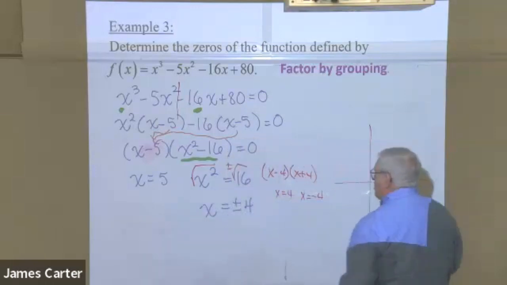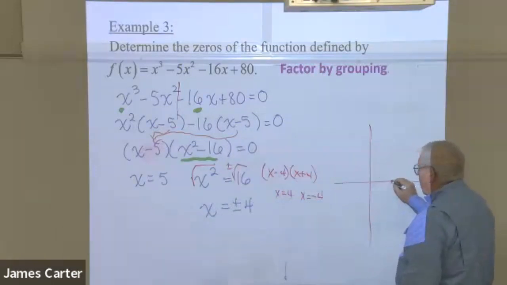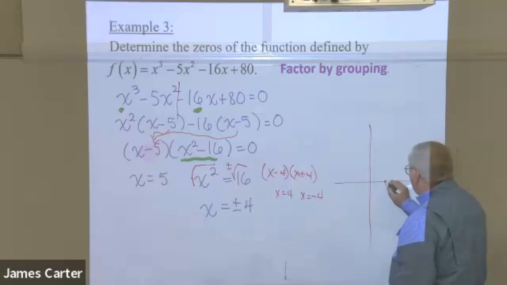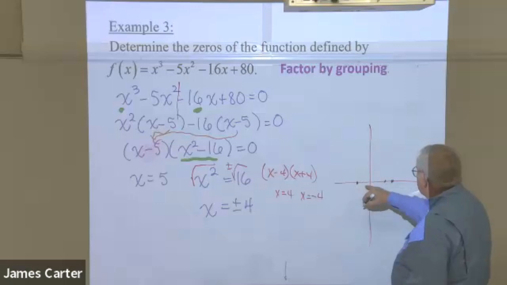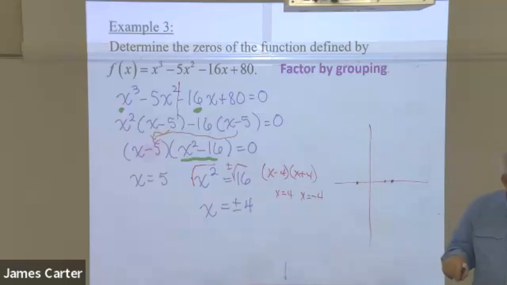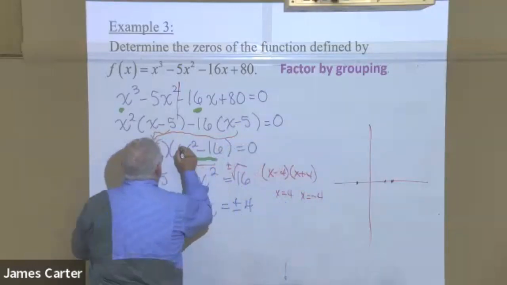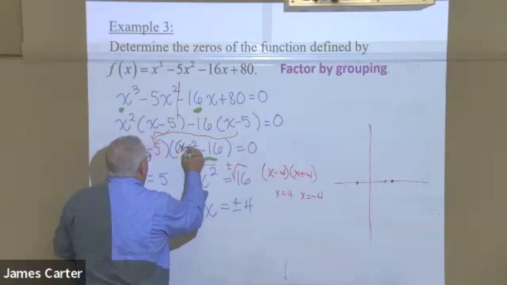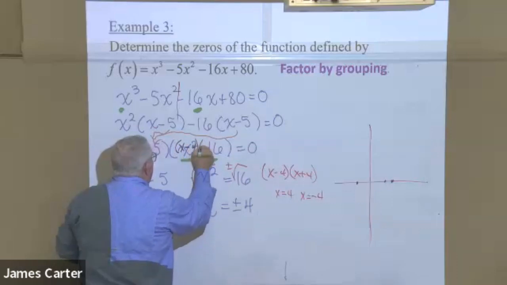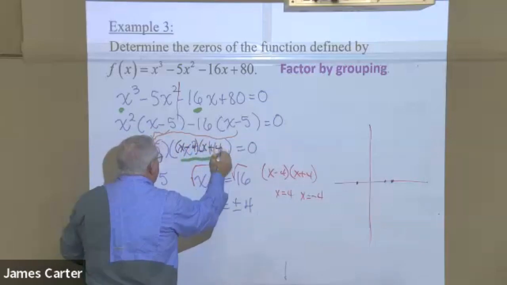Okay, here is 5. Here's positive 4. There's negative 4. That means this graph has got to go through those 3 points, or at least touch those 3 points. Now, if we looked at the factors, remember I'm replacing this with x minus 4, x plus 4.